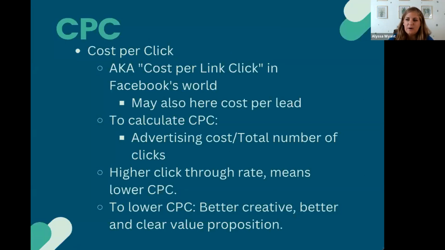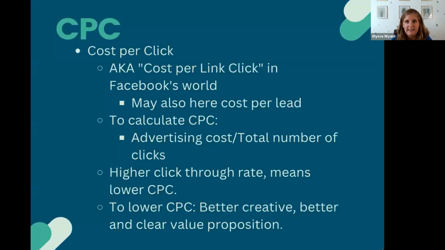In my opinion, this is probably the metric that I'm paying the closest attention to and how it coincides with the click-through rate. Cost per click is really going to tell me how much it cost me to get someone to actually click on my ad. In an ideal world, we would see this be in cents. So keep that in mind if you're looking at what is a good cost per click in Facebook.